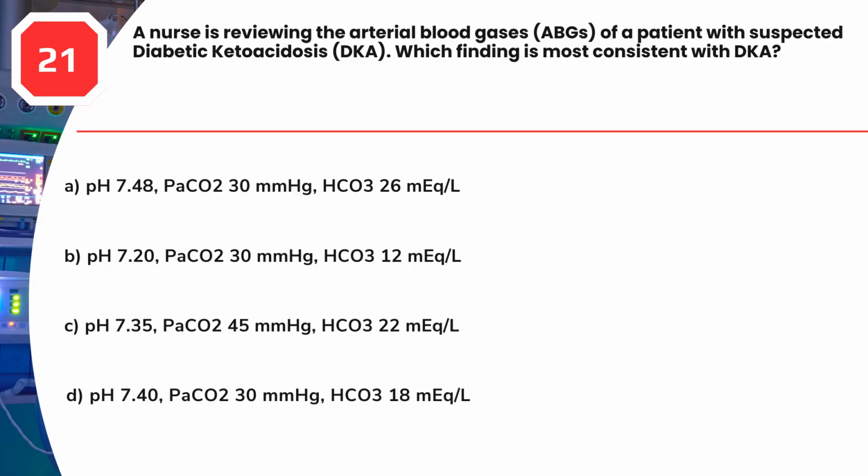B. pH 7.20, PaCO2 30 mm of mercury, HCO3 12 milliequivalents per liter. C. pH 7.35, PaCO2 45 mm of mercury, HCO3 22 milliequivalents per liter. D. pH 7.40, PaCO2 30 mm of mercury, HCO3 18 milliequivalents per liter.